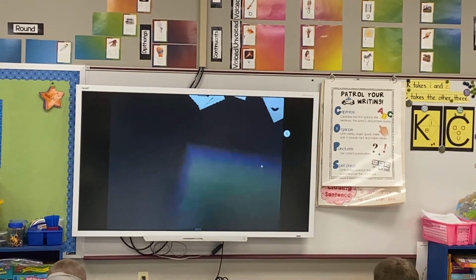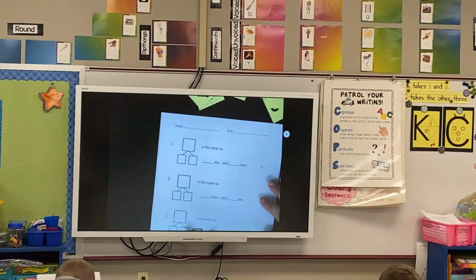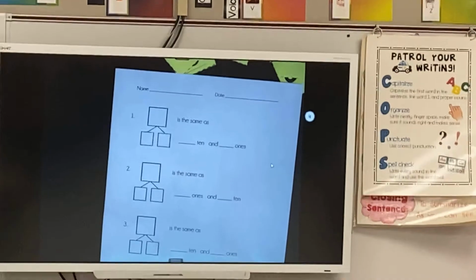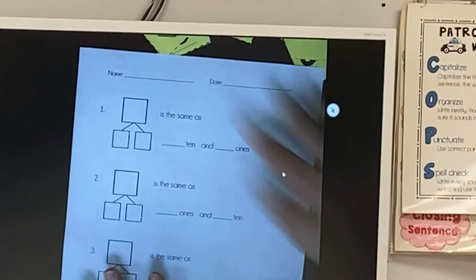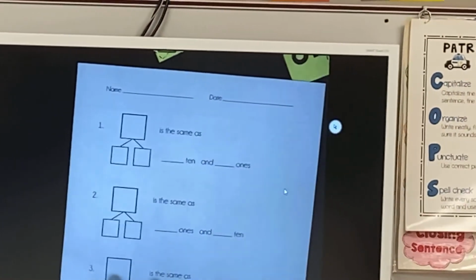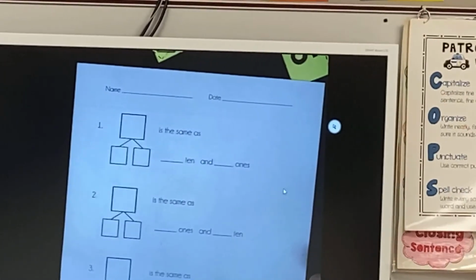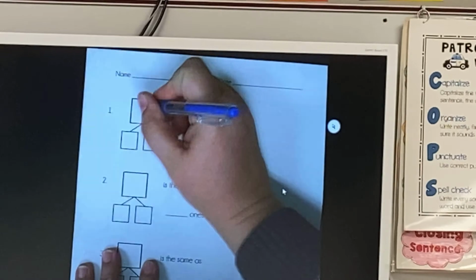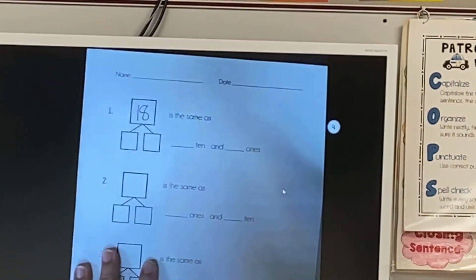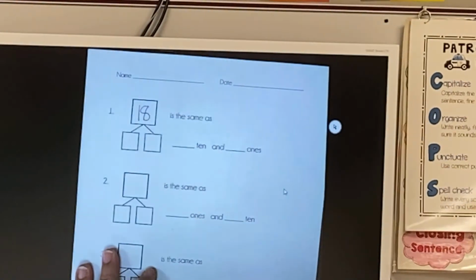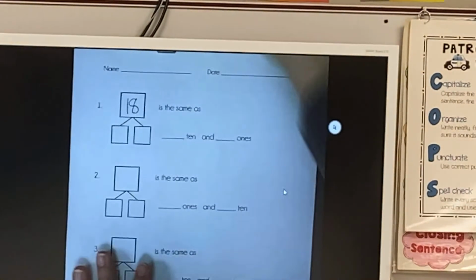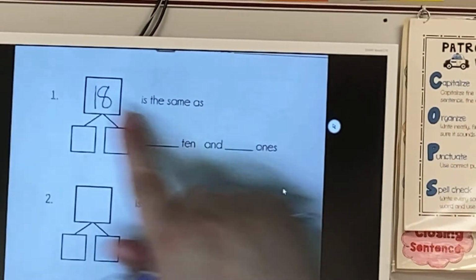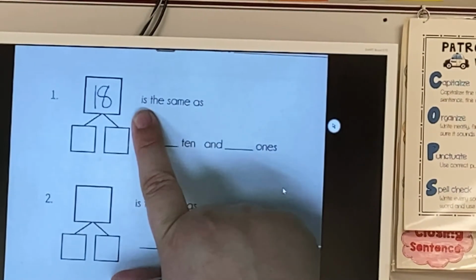Okay, so let's turn your paper over right quick, and let's start on this side. You don't have a back? Okay. Alright, let's do the number, write 18 up here. Okay, this says 18, and read these words with me.